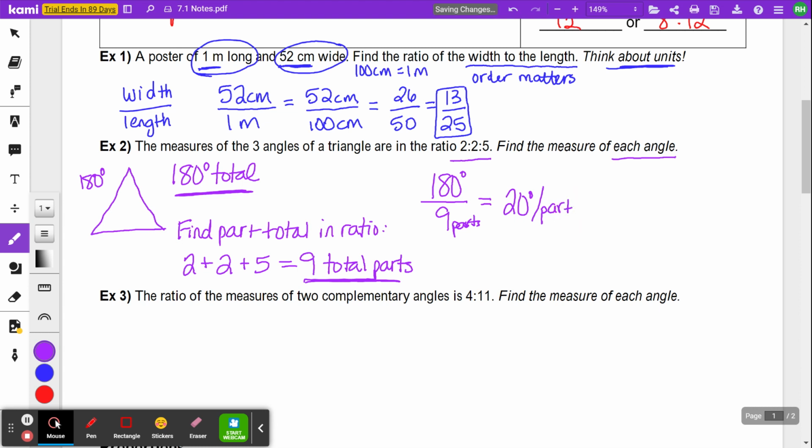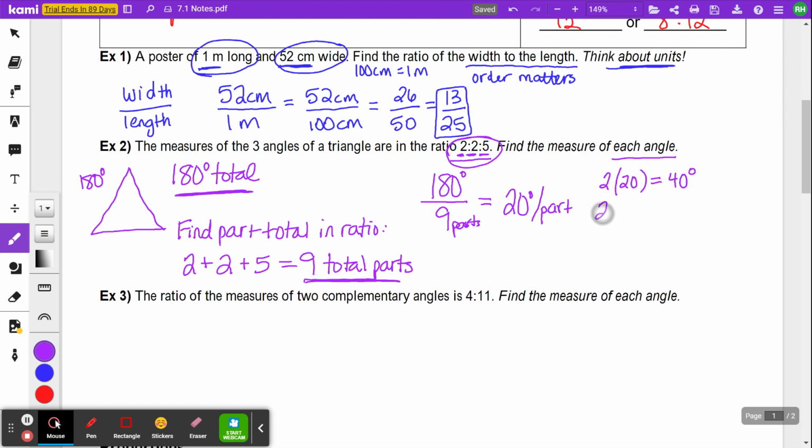Okay, well, if we go back to our ratio and we say that the angles are 2 parts to 2 parts to 5 parts, we should be able to figure out what each angle measures. So if the first angle is 2 parts and each part is 20 degrees, I'm multiplying those, which makes it 40 degrees.